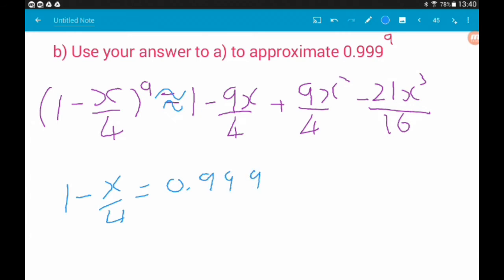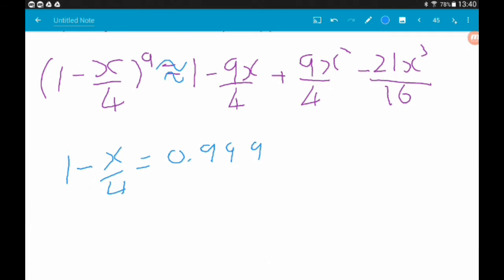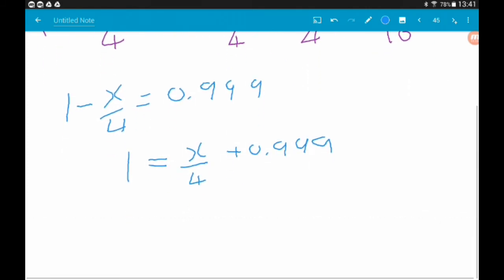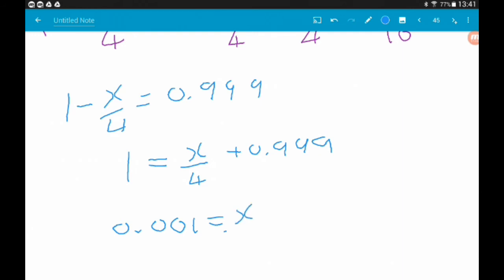0.999. If we add x over 4, we get 1 equals x over 4 plus 0.999. Take away the 0.999, we get 0.001 is x over 4.